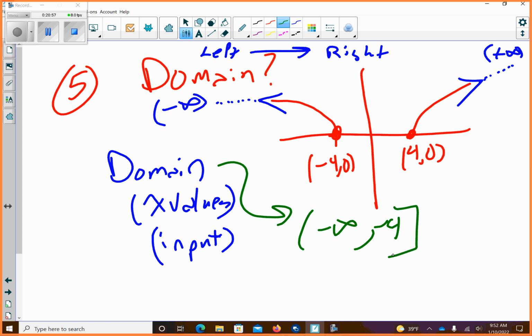The reason I put a hard bracket at the 4 is because I include that point. If that was an open circle, this would be a soft bracket or a parenthesis. Infinities always have soft brackets, but then it also goes from 4 to infinity. And that's what my domain would be of that particular function.